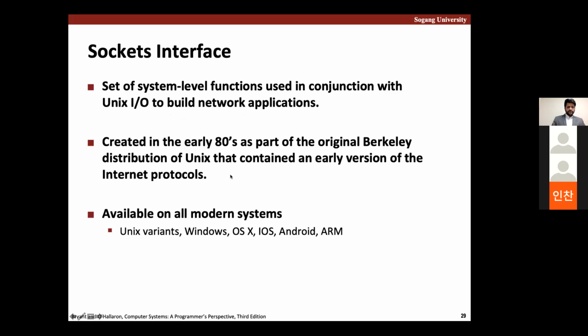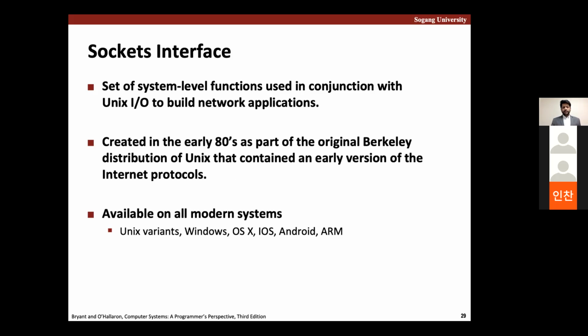We have seen the socket connection and socket. In order to build this client-server communication, you need a socket connection pair. But what does the socket interface provide? The socket interface is a set of system-level functions that are used in conjunction with Unix I/O to build network applications, and it has been implemented on most modern systems.